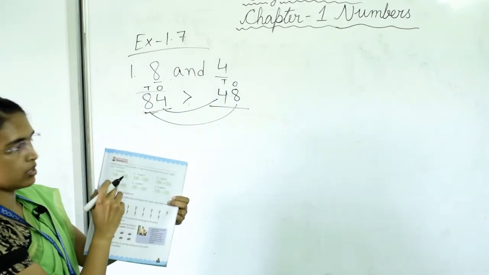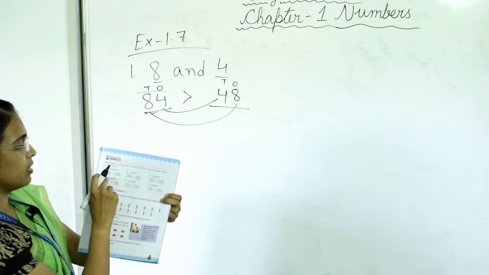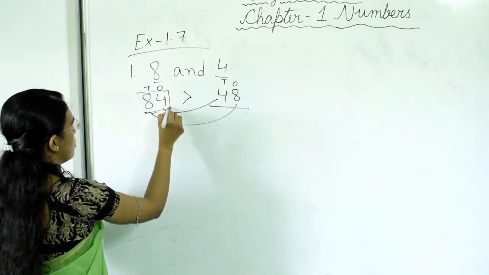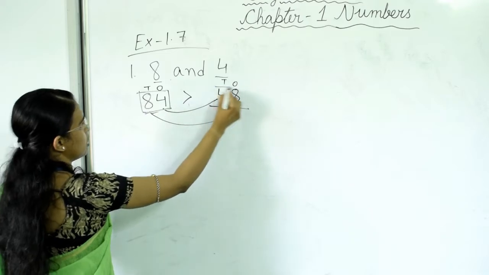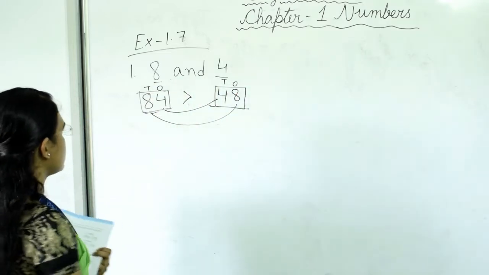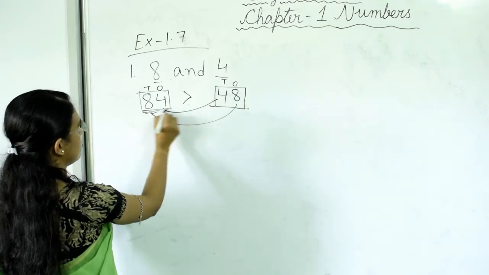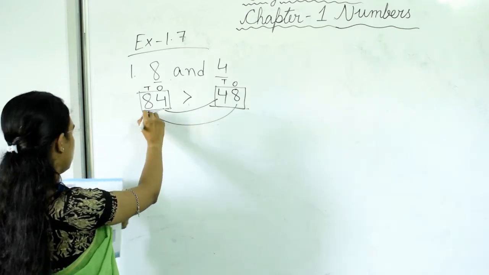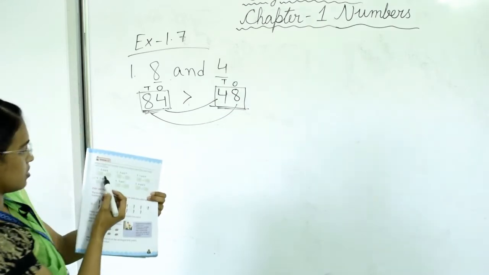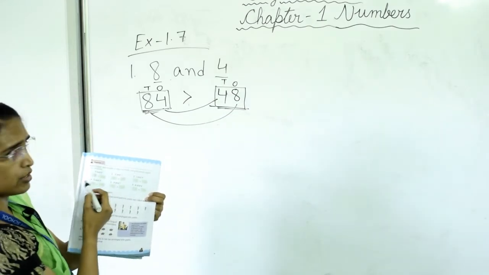We have to find out the formed numbers, one bigger number, one smaller number. That means we have got two numbers with the help of these two digits. Now on this side we have to write 84, and on this side we have to write 48. Why? Because this is according to the sign. Okay.